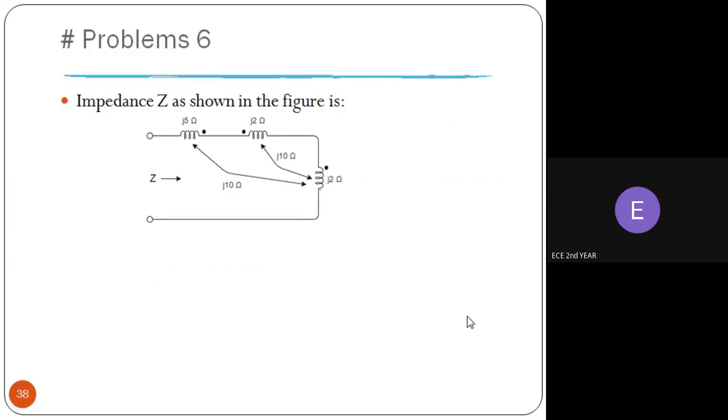And the next problem: impedance Z as shown in the figure. Calculate the total impedance. The individual impedances are 5J, 2J and 2J, and the mutual inductance between them is 10J, indicated by the dots. See the dots: they are in the opposite direction between Z1 and Z3, and the dots in Z2 and Z3 are in the same direction.